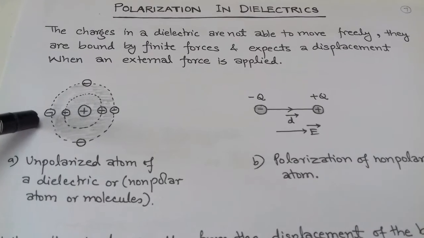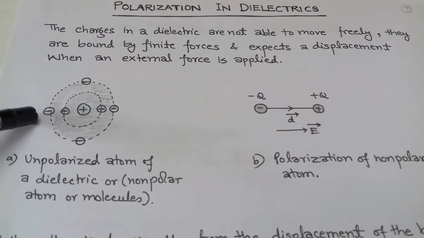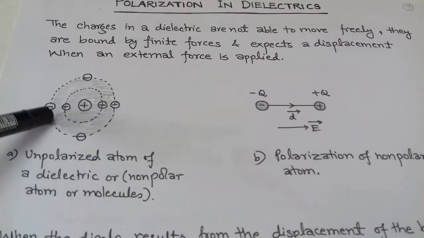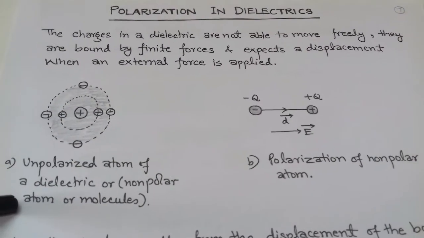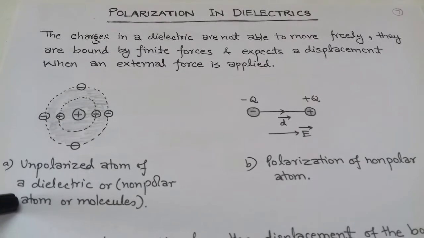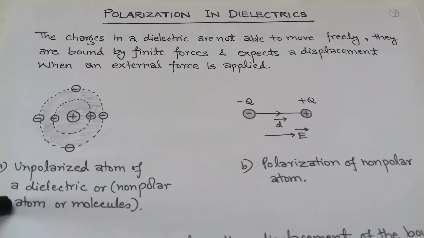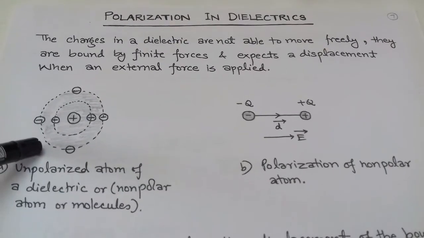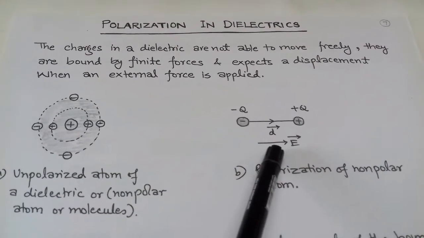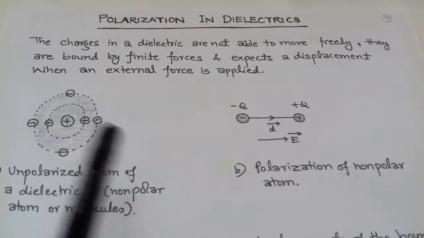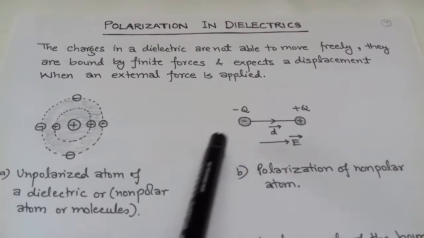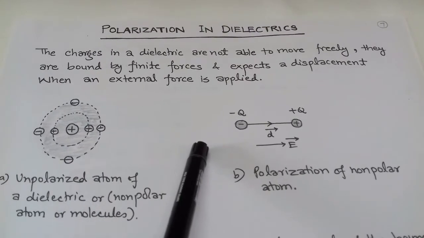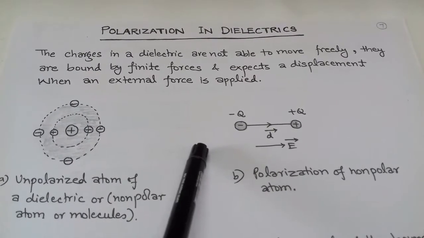So figure A is an isolated atom. An atom has a positive nucleus and electrons that have a negative charge. So this is an unpolarized atom of a dielectric, and this is called a non-polar atom. Now when this non-polar atom is placed in some electric field, we know that the electric field has some positive source.